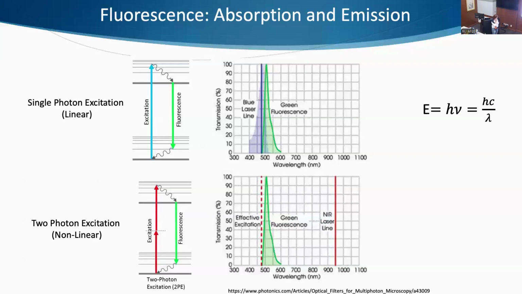And another important aspect is the time duration of the pulses. We use pulsed lasers for two photon microscopy, and that's because, going back to Professor Potma's lecture this morning, he was talking about the lower probability of the nonlinear processes.